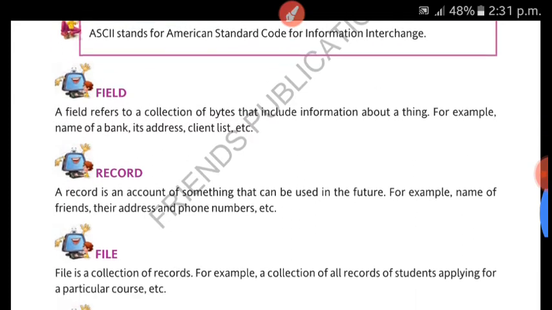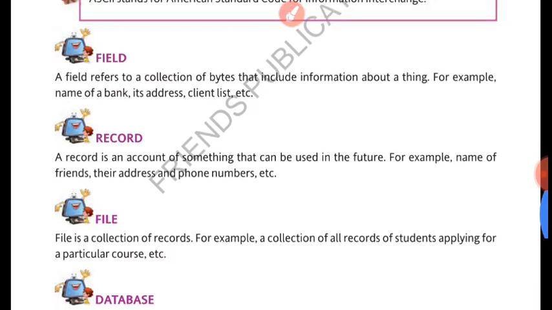Next is field. If I consider the larger unit in comparison to byte, it is field. Suppose your name is Ram, so Ram is a field. Remember, that is a group of characters. A field refers to a group of bytes, a collection of bytes.